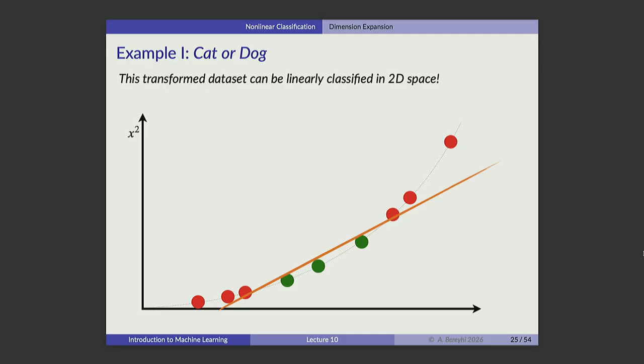Everybody sees that? So what is the conclusion out of this? Maybe your problem is not linearly separable in its own domain, but if you take it to a higher dimension, it's going to become linearly separable.